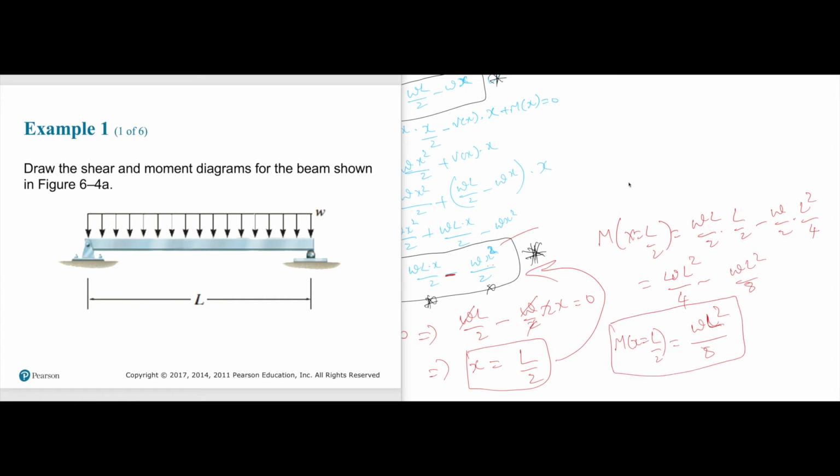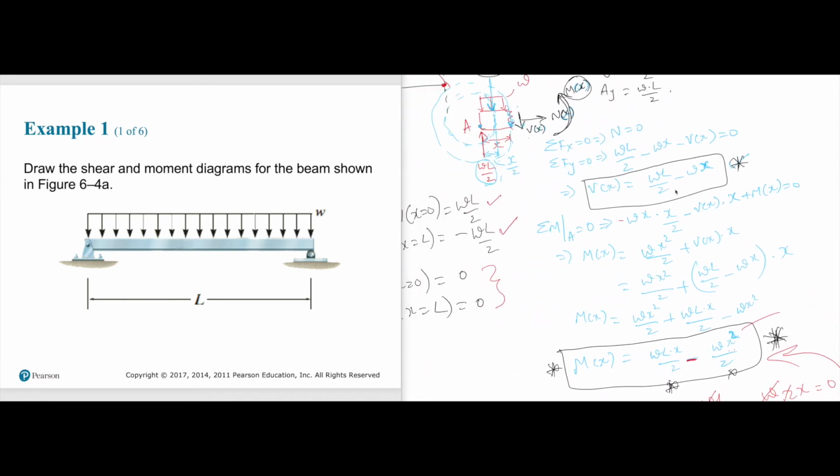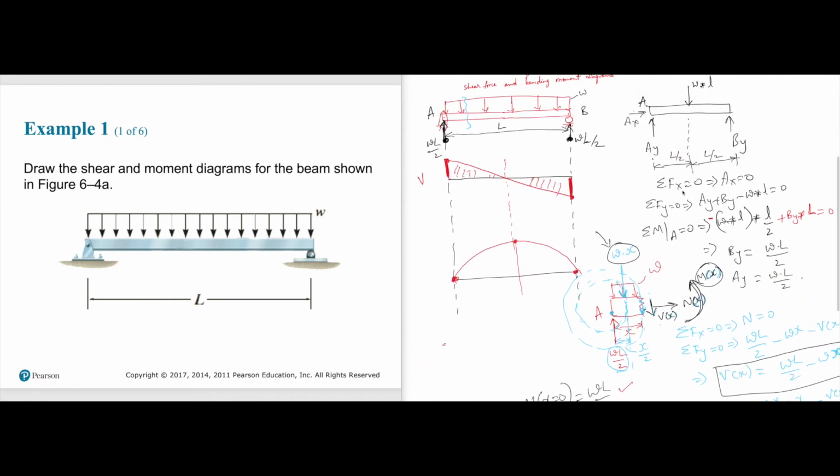That means in the bending moment diagram, this value here is WL squared over 8. So that is how you draw the shear force and bending moment diagram.